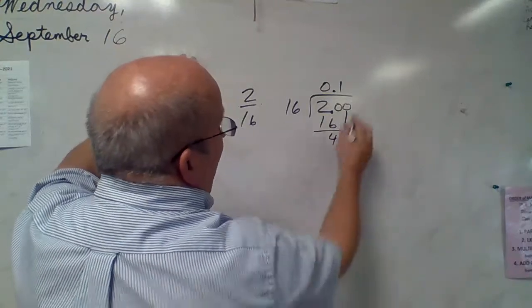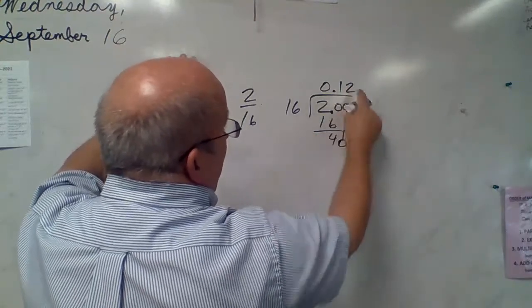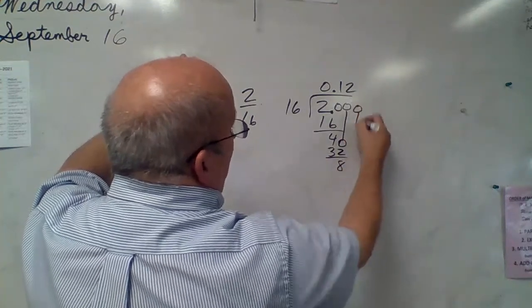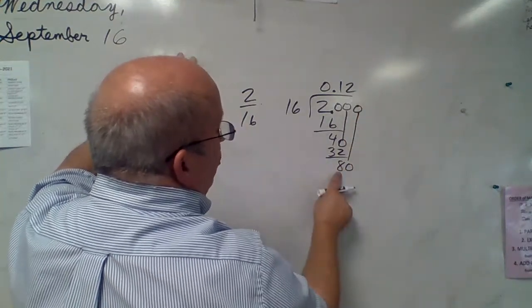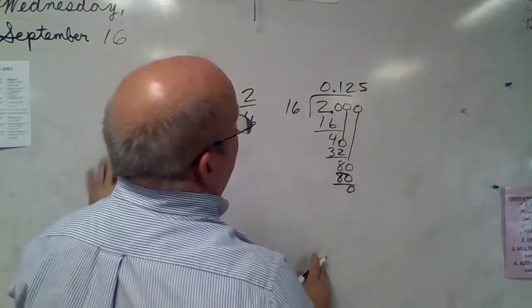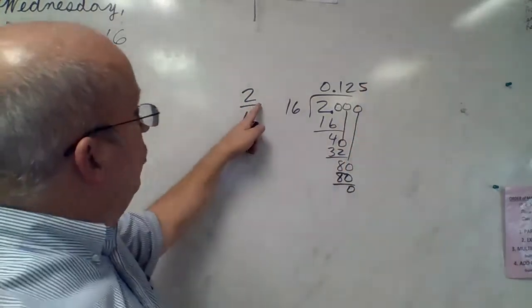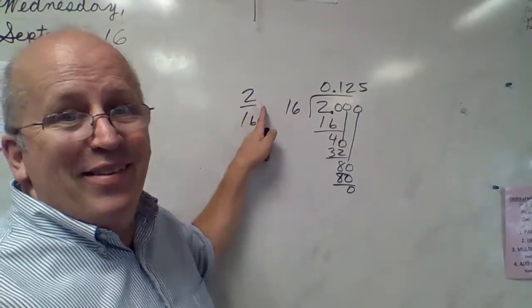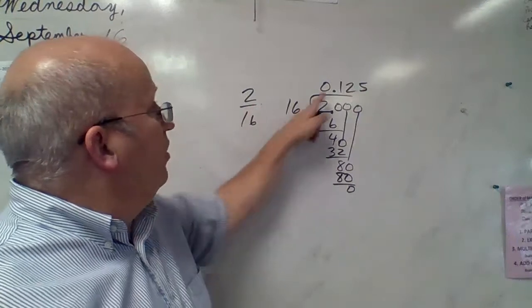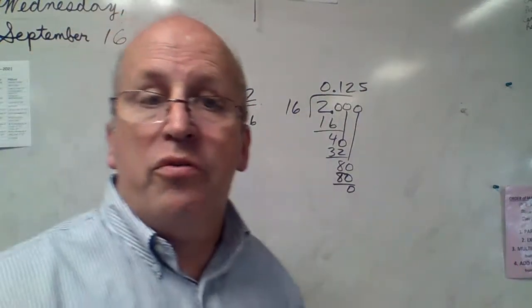It goes into that twice because 16 times 2 is 32. What if I bring down another 0? 16 goes into 80 5 times. Exactly 5 times. We're done. 2/16 is the same as 0.125.